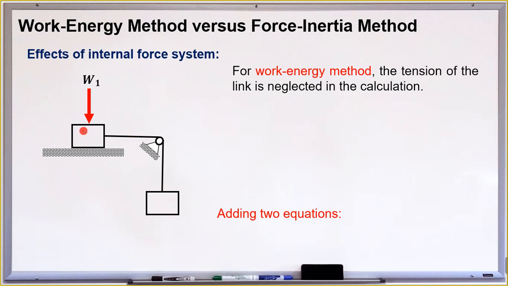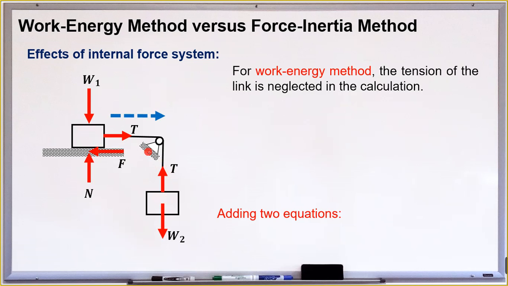So let's say this block has a weight W1 and then normal force, and then naa siya tension. Assuming nga frictionless ni siya. Aw, diri naa pud friction. And then ang naka-suspend nga block, naa siya tension, and then weight W2.